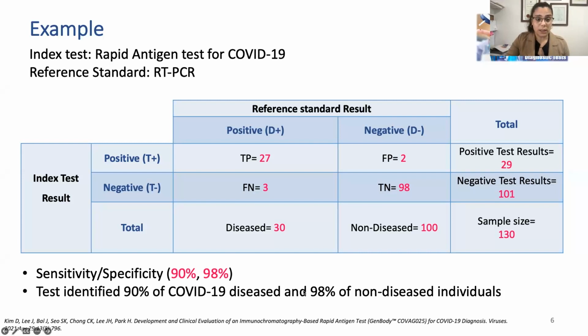So the sensitivity, as we see here, showed that a positive test result identifies those with the disease in 90% of the cases, whereas specificity showed that a negative test result identifies those without the disease in 98% of the cases. As we can see now here, the specific test has a high specificity, I would say, and we can use the specific test in order to rule out the presence of the disease.